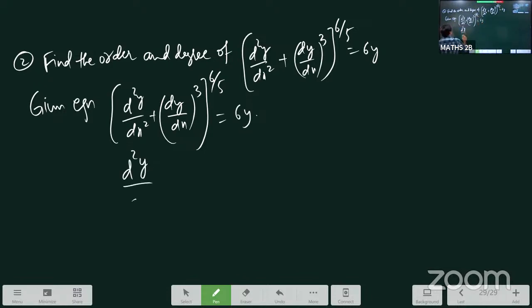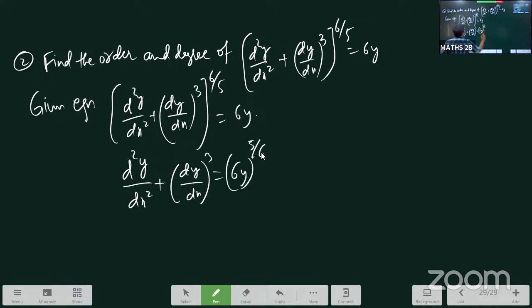Now d square y by dx square plus dy by dx whole cube equals 6y whole to the power 5 by 6. Bring complete 6 by 5, which is having fraction, to this side, it becomes 6y whole to the power 5 by 6. I can have a fraction to y variable, but I cannot have a fraction to d by dx, right?